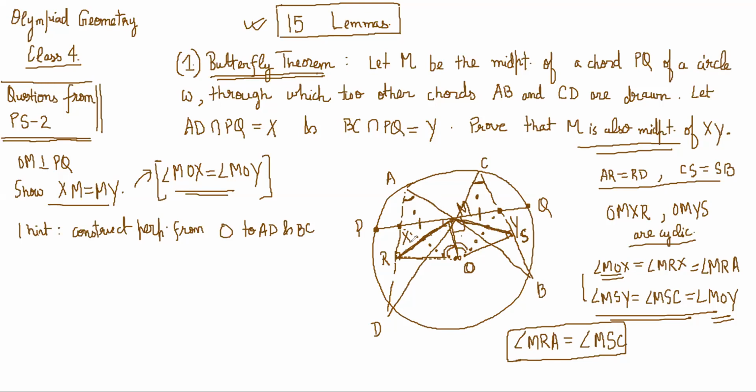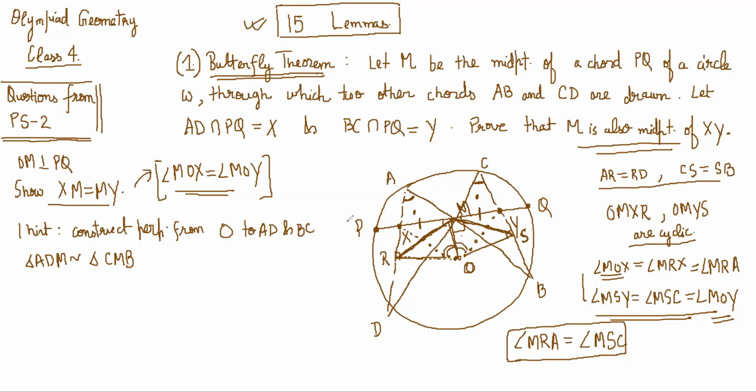So let's look at the two triangles. First of all, a simpler thing is triangle ADM is similar to triangle CMB. Why? Because the angles at M are vertically opposite angles, right? Yes. And this angle is same, right?